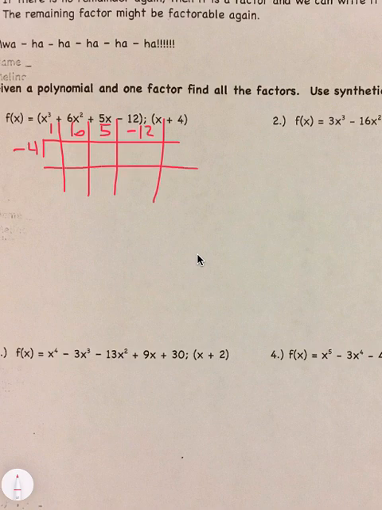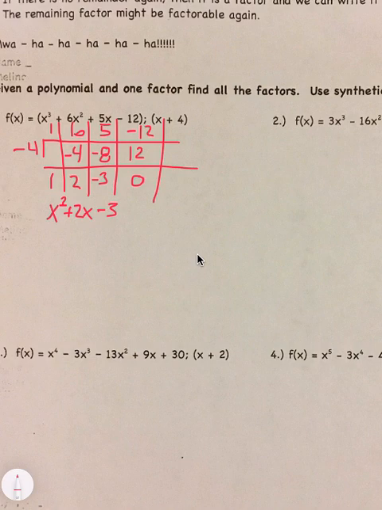Okay, so I bring the 1 down, multiply it by negative 4, add, so I get 2 times negative 4, negative 8, I add, I multiply, so I have no remainder. So this is x squared plus 2x, and I'm not going over the synthetic division because we've done that before, minus 3.